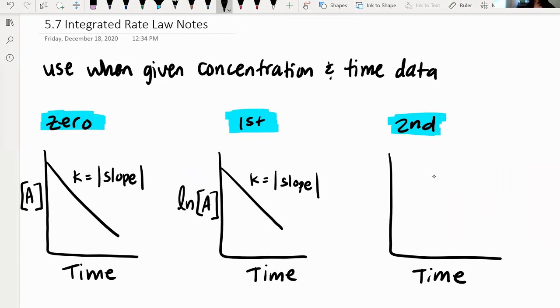And then finally, for second order, we're going to plot 1 over the concentration of A. If the reactant is second order, then this graph of the reciprocal concentration is going to produce a straight line with a positive slope. Since the slope is constant, the slope represents K, our rate constant.